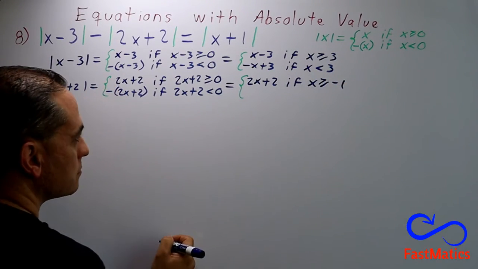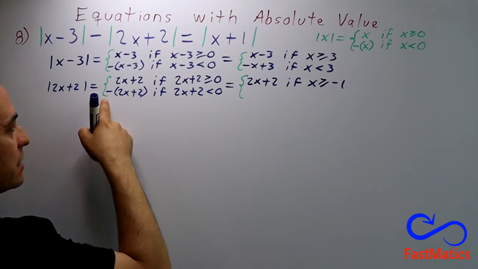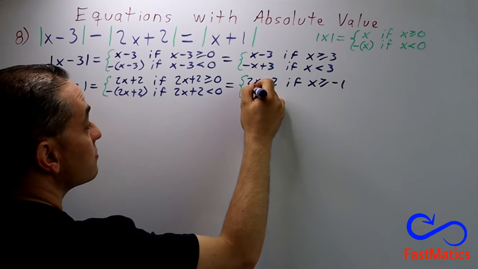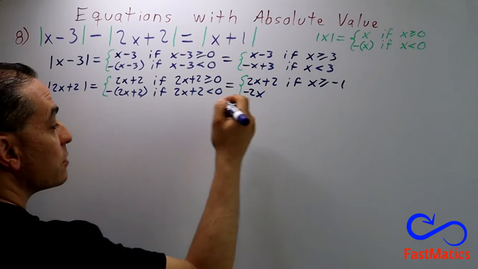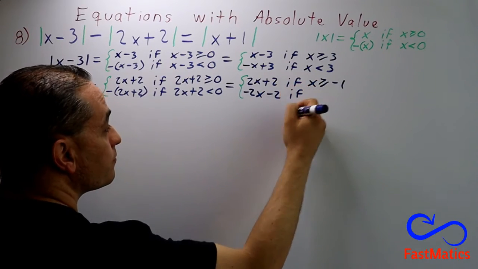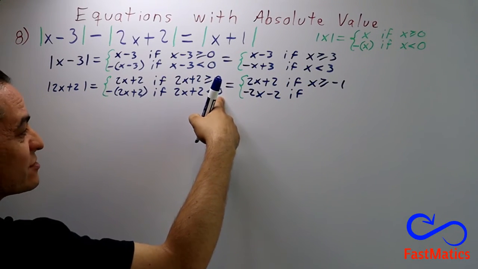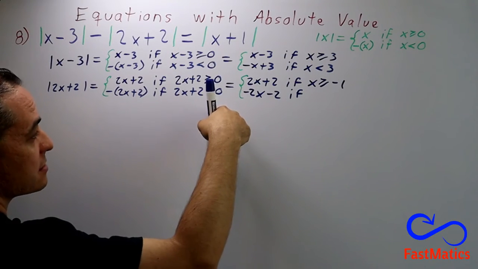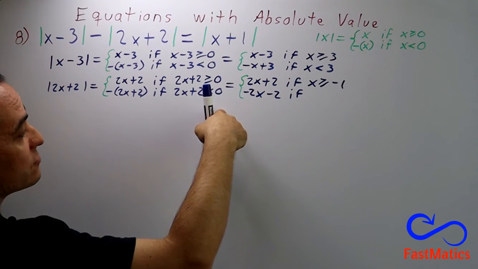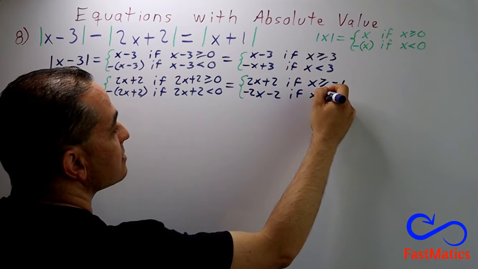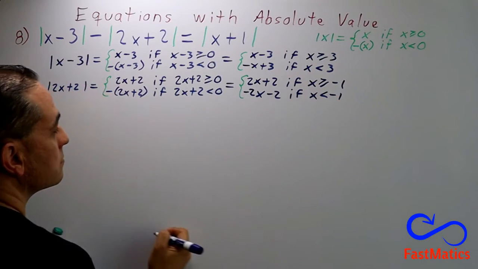And here the same, negative times positive, negative 2x, negative times positive, negative 2 if, and here the 2 will pass with a negative sign, and the 2 will pass dividing the negative 2, and you have x less than negative 1.